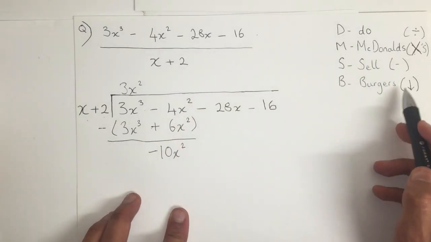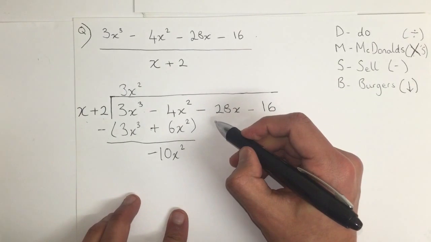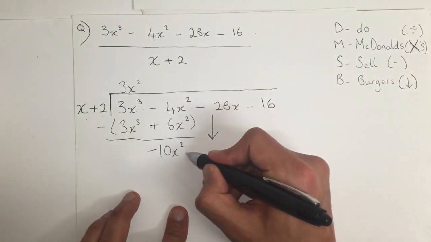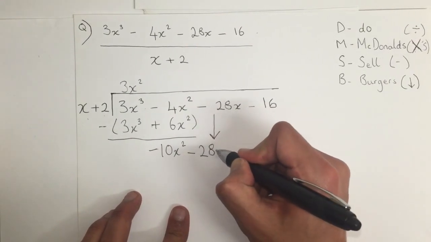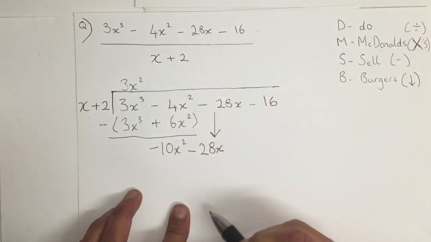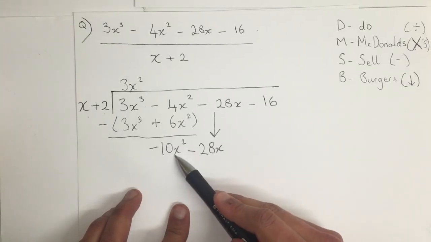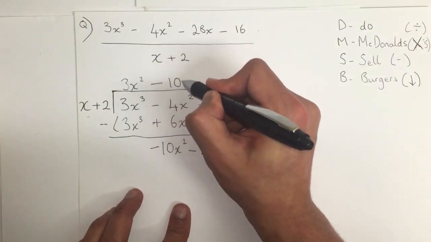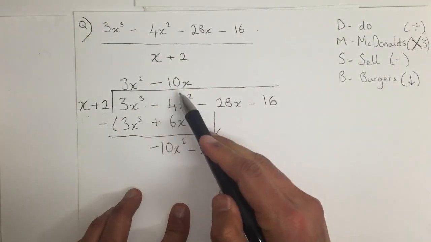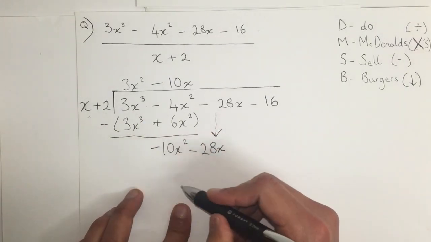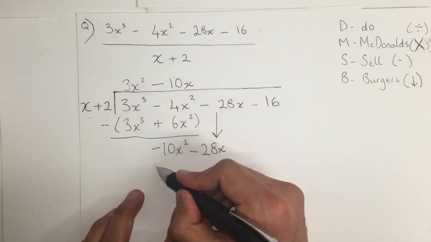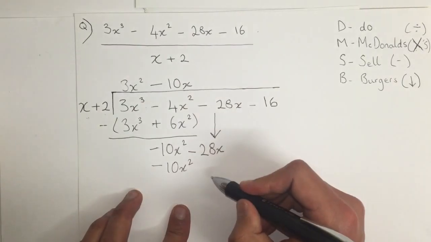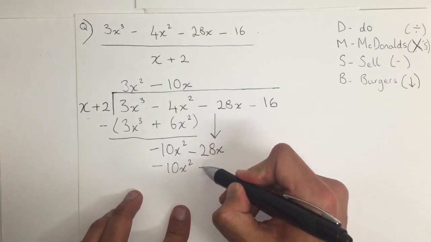And then we move on to the bringing down part. So this minus 28x, we just bring that down here, and because it's a minus, we put a minus there. And then we repeat the process again. So minus 10x squared divided by x equals minus 10x. Now we multiply minus 10x times x is minus 10x squared, and minus 10x times 2 equals minus 20x.